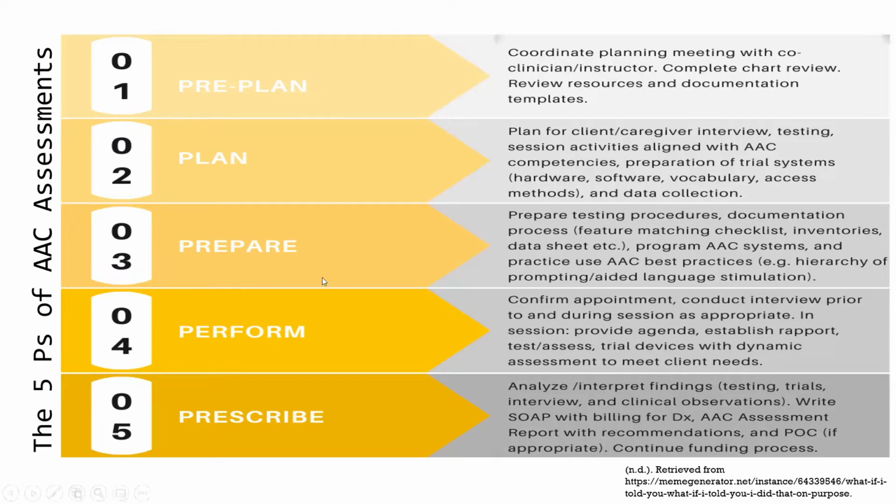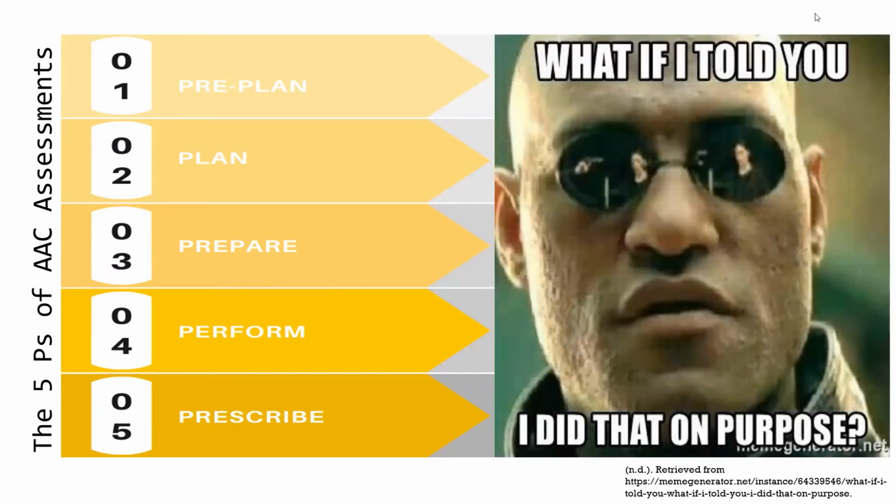But I must tell you that I definitely did it on purpose for what I'm providing at the UCF Communication Disorders Clinic. The AAC evaluations and assessments that we're doing with the students really require us to have a pre-plan, plan, and prepare, all 3 sections. So that is on purpose for the type of services that we're providing here and the students we're working with.